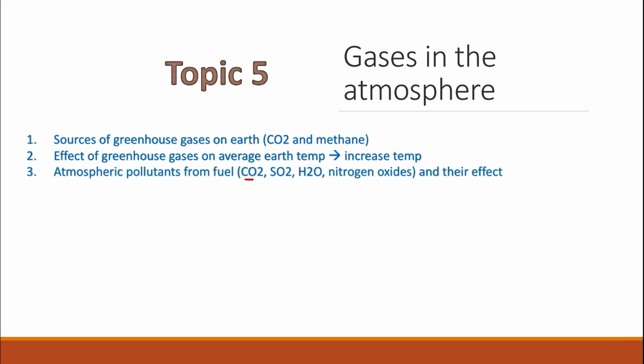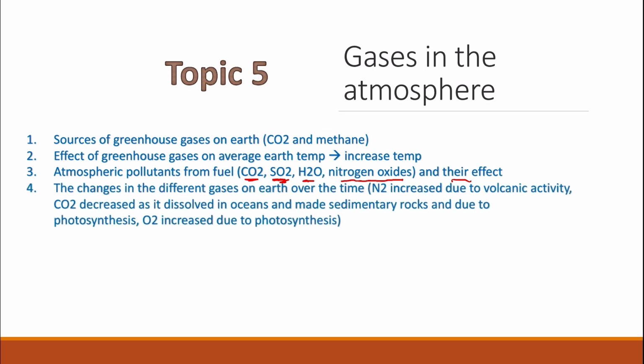These are mainly carbon dioxide, sulfur dioxide, which comes from the oxidation of sulfur or burning fuel because fuel contains sulfur, water vapor, of course, and nitrogen oxides as well. And you should know their effects. Remember that carbon dioxide causes global climate change, and then sulfur dioxide causes acid rain and respiratory problems. And then nitrogen oxides also cause acid rain and respiratory problems.